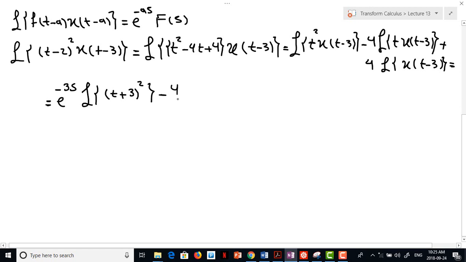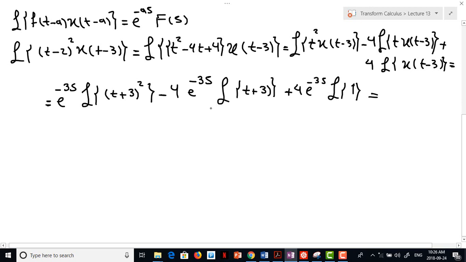For the second one, we have minus 4 e to the power of minus 3s, Laplace transform of t plus 3. And for the last one, we have 4 times e to the power of minus 3s, Laplace transform of 1.